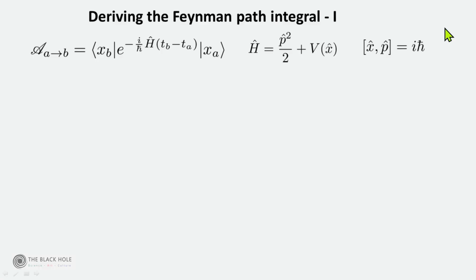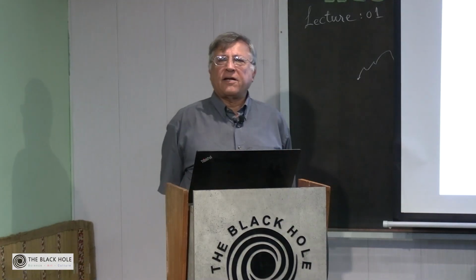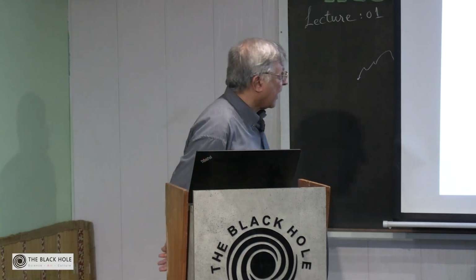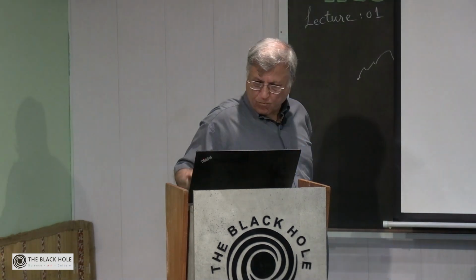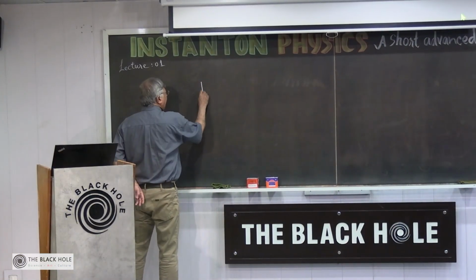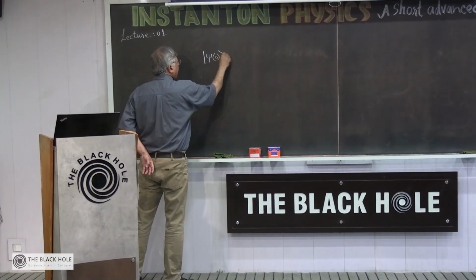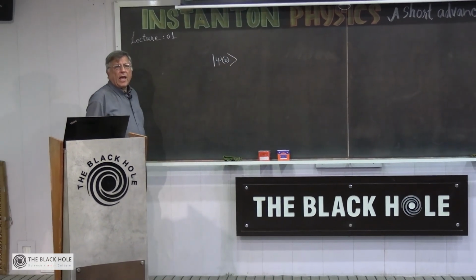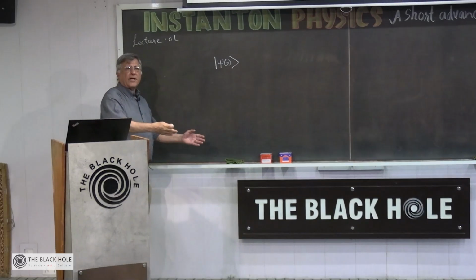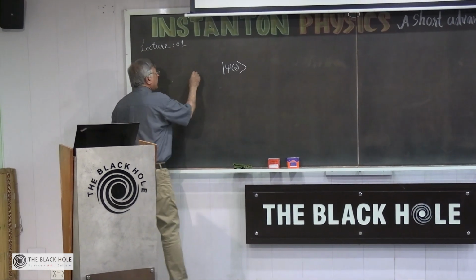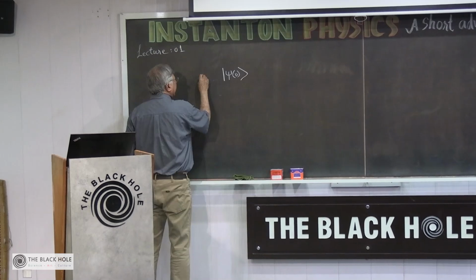Okay. Now we have to get a little serious. Suppose I have a state at time 0, and I want to know what it is at a later time. Let's call that time t.